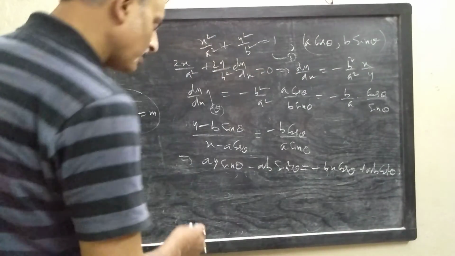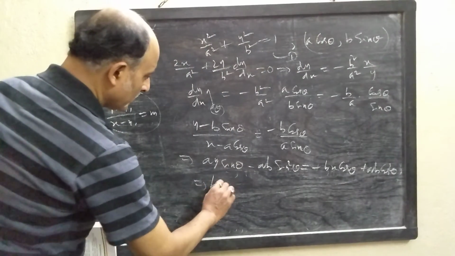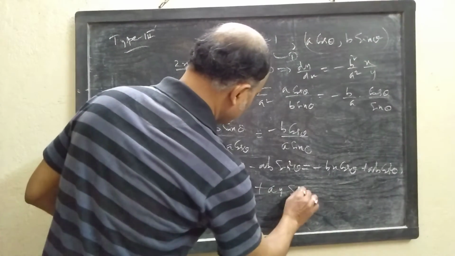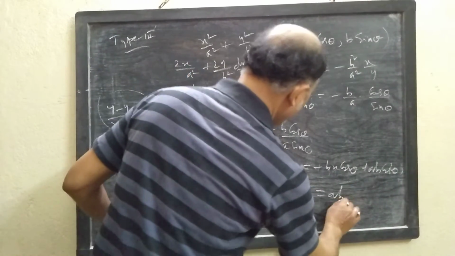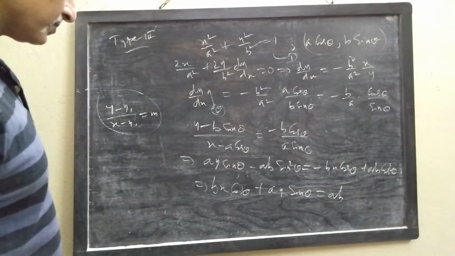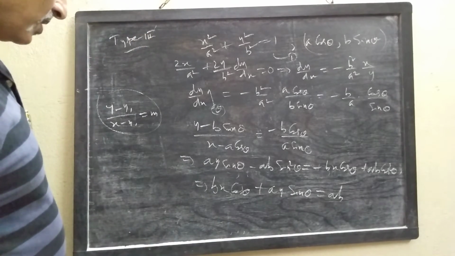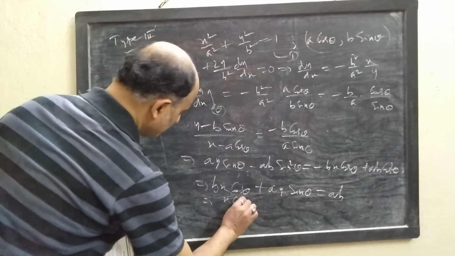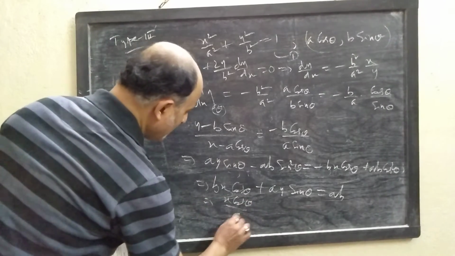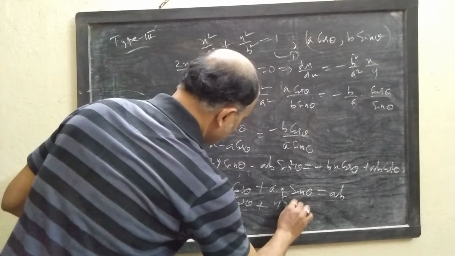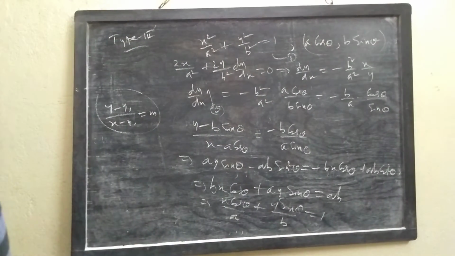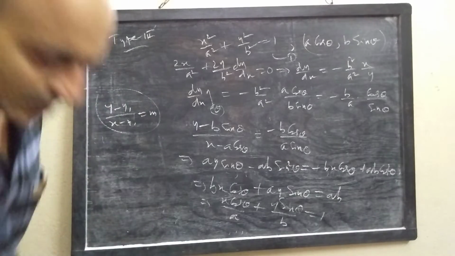So this will ultimately become bx cos theta plus ay sin theta equals ab, because sin square theta plus cos square theta equals 1. Or you can write x cos theta by a plus y sin theta by b equals 1, dividing both sides by ab. This is the equation of the tangent to the curve at any point theta.